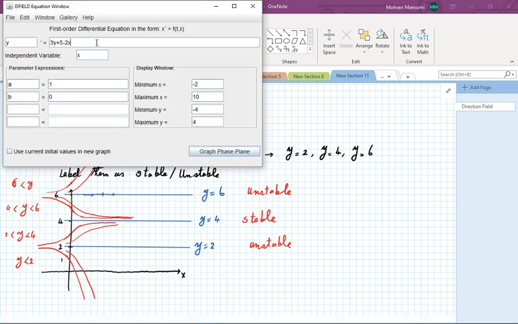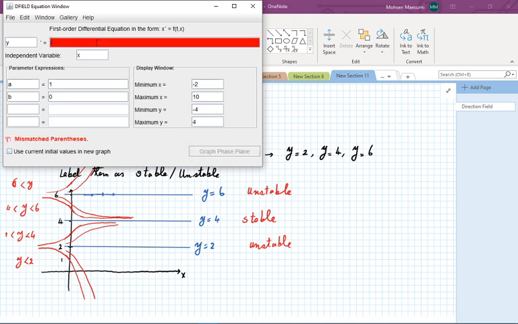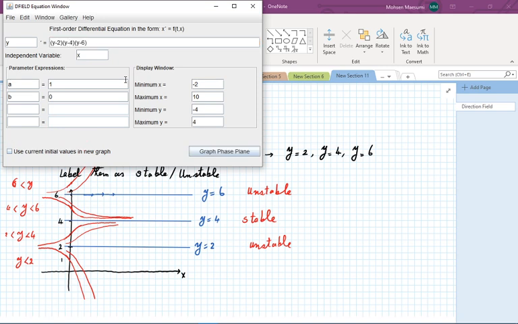So I'll enter the right hand side of the equation, y minus 2 times y minus 4 times y minus 6. I mistyped. This is a y, and this is supposed to be minus, not underscore. My independent variable, I can call it anything.